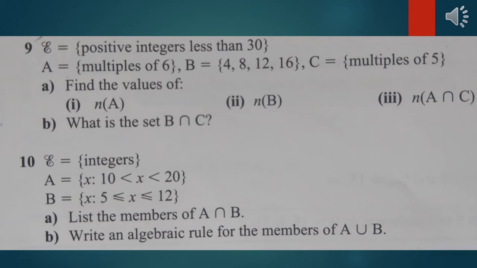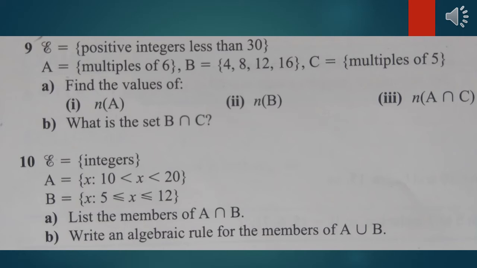In some books they use 1 as a multiple of 6, but that is doubtful. Therefore the numbers are 6, 12, 18, 24 and 30. That is, n(A) equals 5 elements.